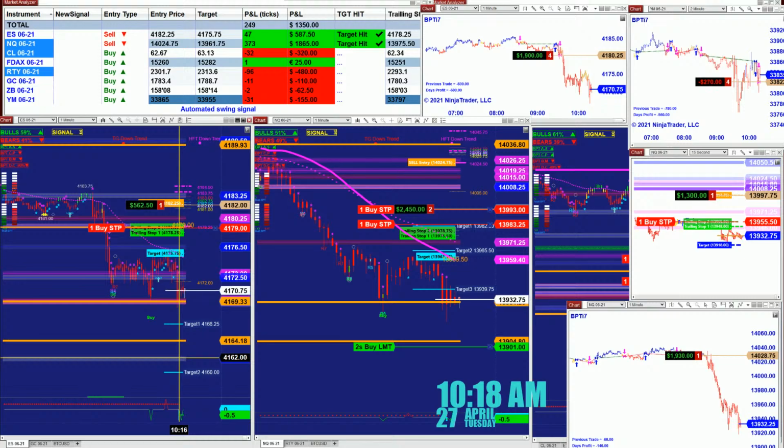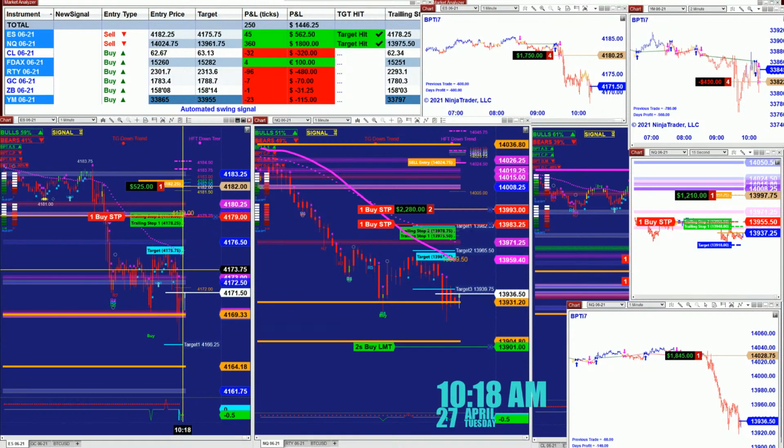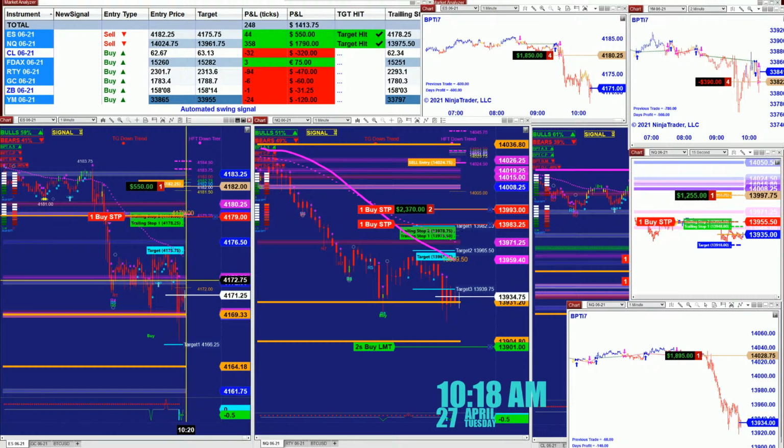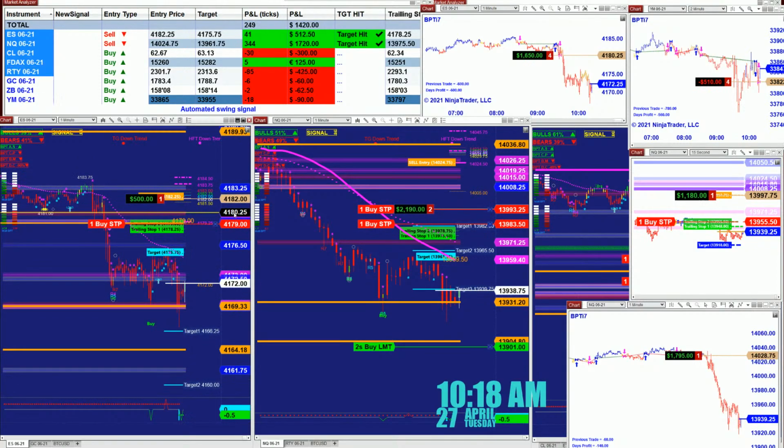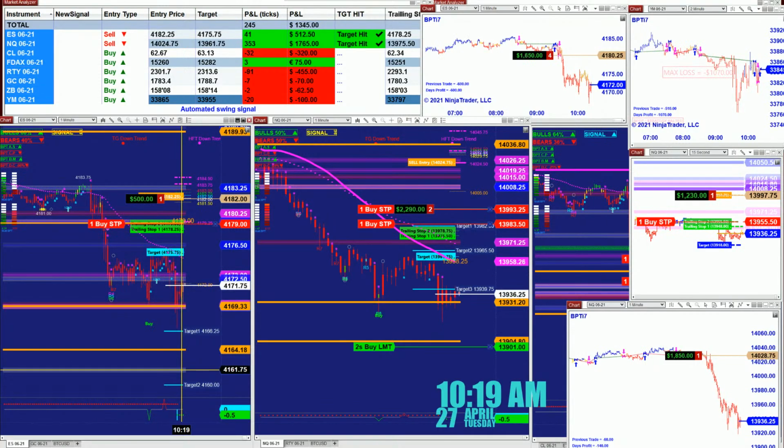As long as this resistance holds at 41.7250, if you look at the 41.7250, there is a double resistance here, and as long as this double resistance is holding the ES down below that number, we are in good shape, and that means we're going to go back and tangle with the 41.6175, which will be good news. And we are going to go down.